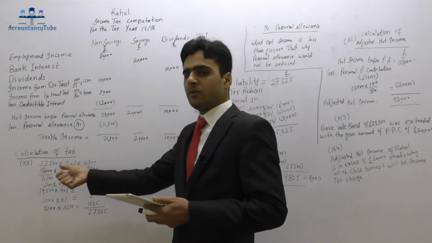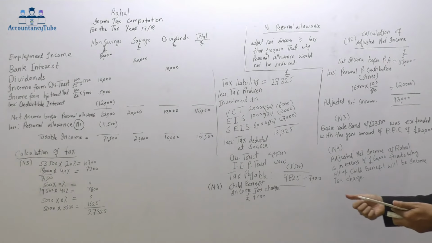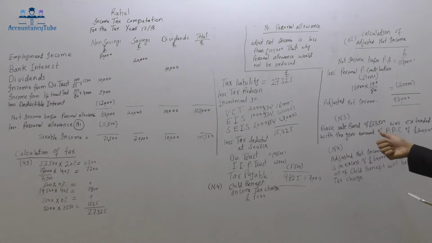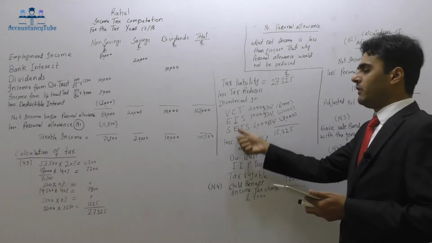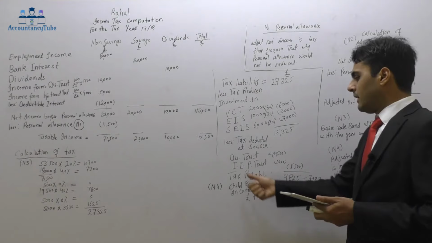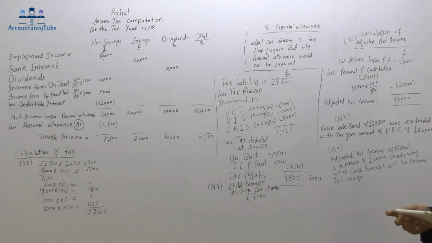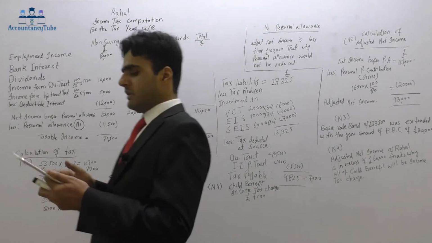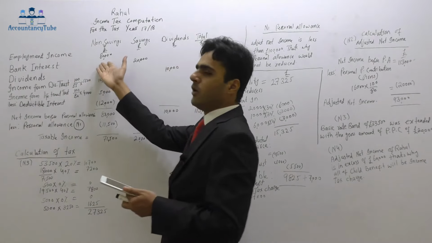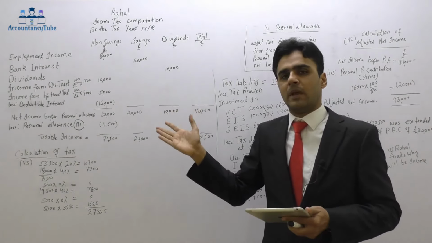Another thing, the charge. This note as well, note 3, note 2, and then the VCT and EIS schemes as well. This bit, tax deducted at source, was also important. So these bits and pieces altogether are very, very important marks. Now stating just this employment income in the non-savings and dividend income in the dividend column won't pass you this paper.